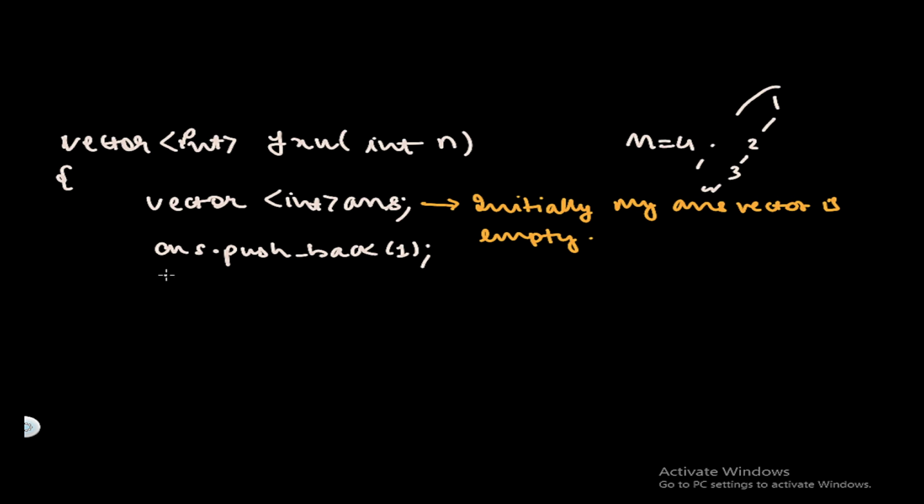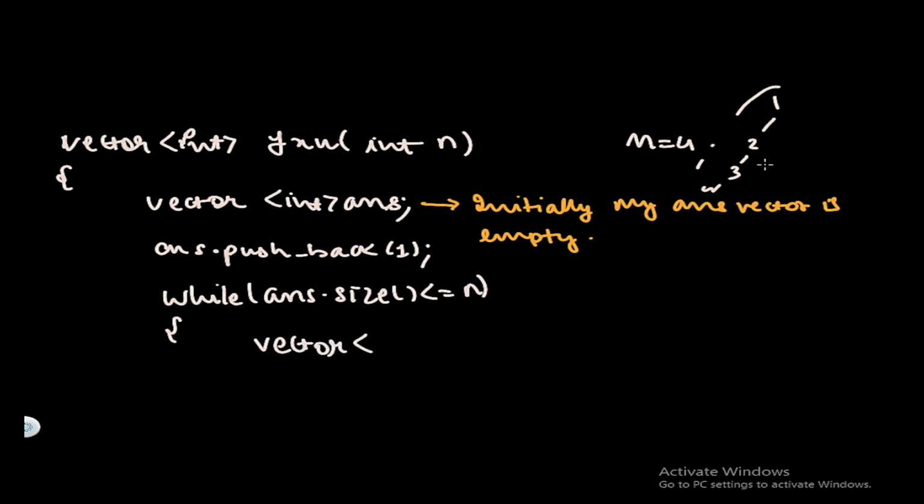Now we have pushed 1, then while answer dot size is less than or equal to n, what we will do is firstly check for the odd element. Let us maintain a temporary array to store our subproblem answer, so let us use a vector of int called temp.